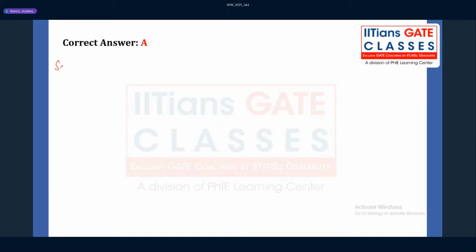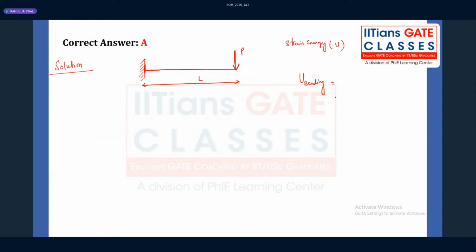Now, coming to the solution part, there is a cantilever beam, and there is a load which is acting at the free end of the beam, and it is having a length L. First of all, what is the strain energy because of bending, which is represented by U?